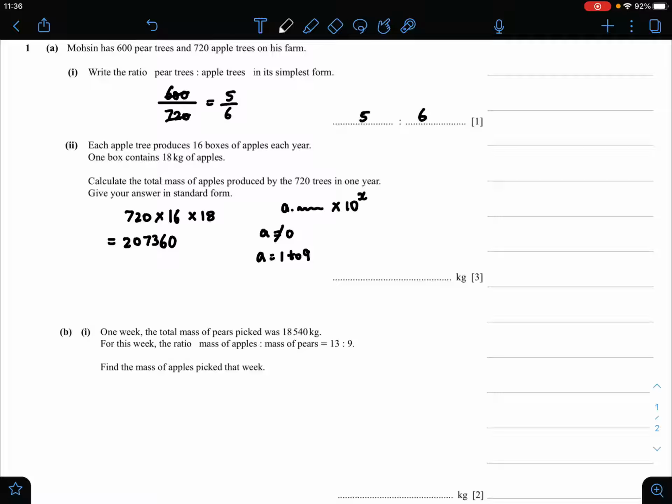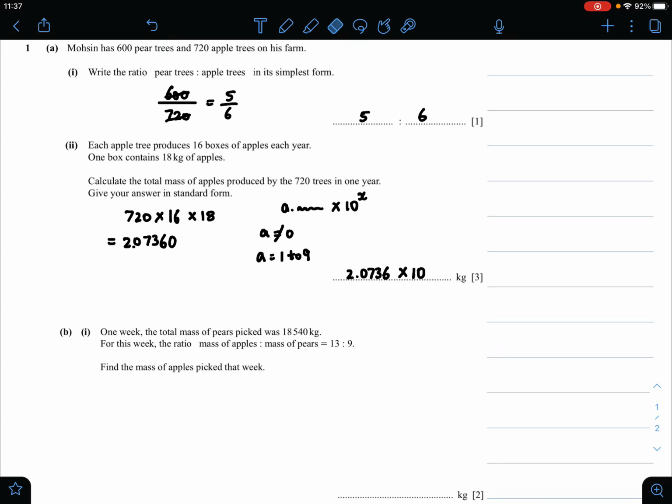So in this case, we can put the decimal place just after 2. So if we do that, we will have to write the number as 2.0736 multiplied by 10 raised to. Now the value of x will be how many times you would move the decimal place to the right or the left to reach your original answer.